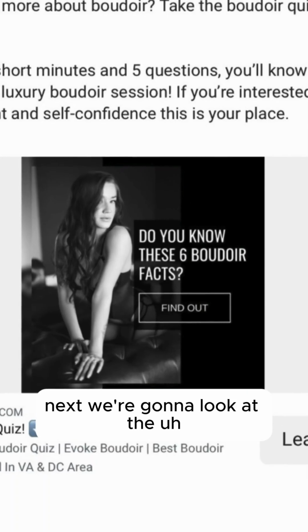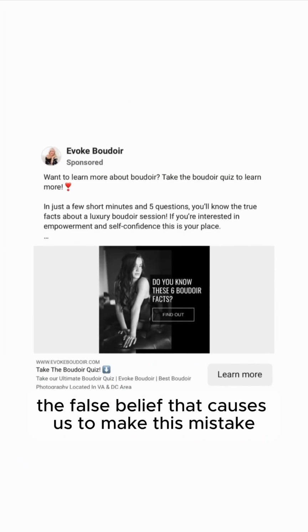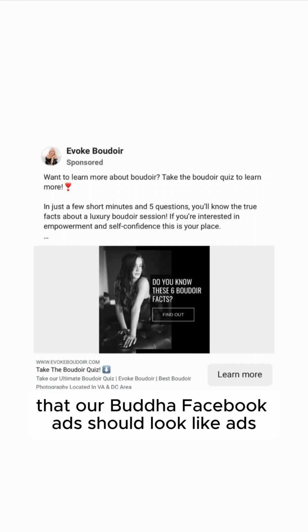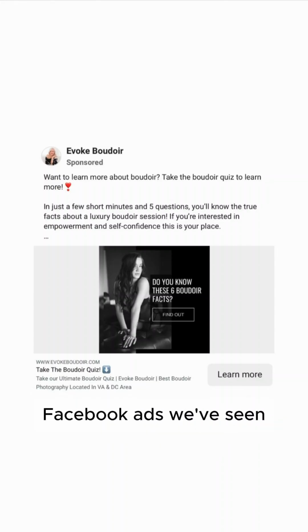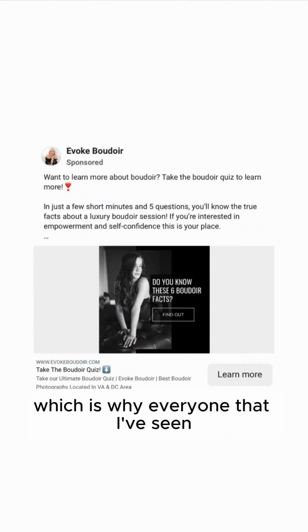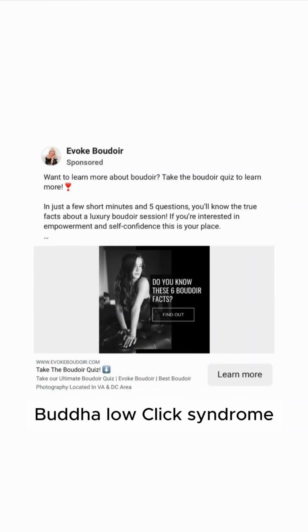Next, we're going to look at the creative, the photo. Yeah, this is the looks-like-an-ad mistake. So the false belief that causes us to make this mistake is that we actually believe that our Boudoir Facebook ads should look like ads, because that's the same with all the other Boudoir Facebook ads we've seen. And well, that's because everyone's making the same mistakes, which is why everyone that I've seen the backend data for has had BLCS, Boudoir Low Click Syndrome.